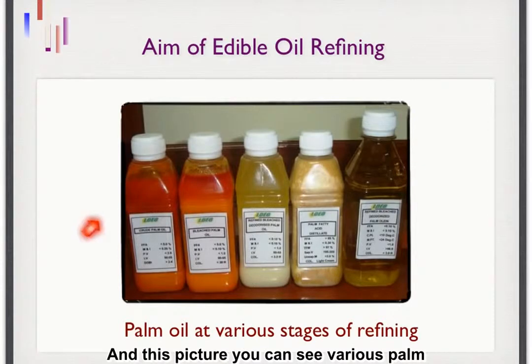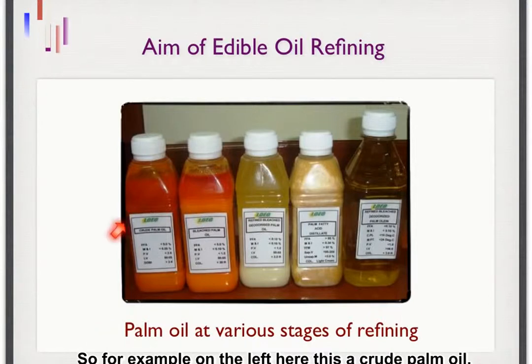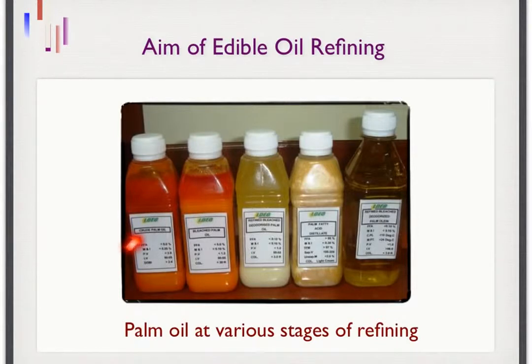In this picture, you can see various palm oil products at various stages of refining. So for example, on the left here, this is a crude palm oil. Then after the bleaching stage to remove the pigments, you can see the color is lighter. So this is a bleached palm oil. Then in this picture, this is after the bleaching and deodorization to remove the fatty acids.